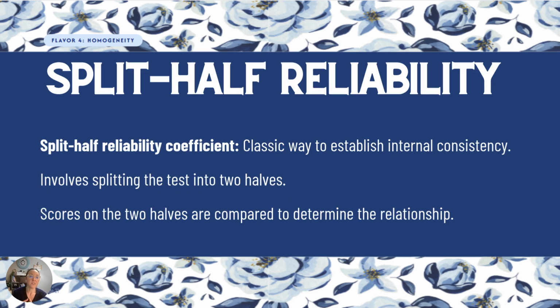And then we have split half. It's a classic way to measure internal consistency. It involves taking the test and splitting it into two halves, and the scores on the two halves are then compared to determine the relationship.